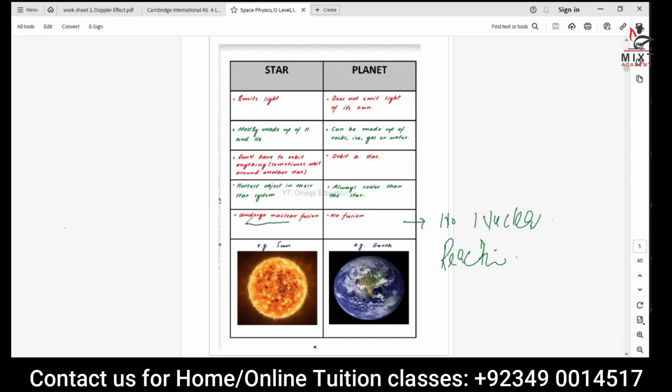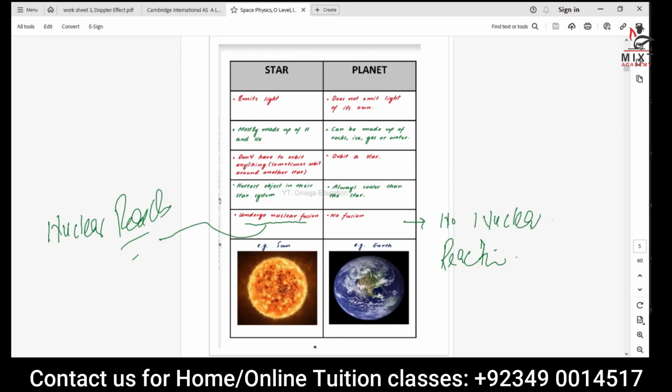Nuclear fusion. Fusion is a type of nuclear reaction. You know what happens in nuclear fusion? Two smaller nuclei of hydrogen combine and form a heavier nucleus, that is helium.